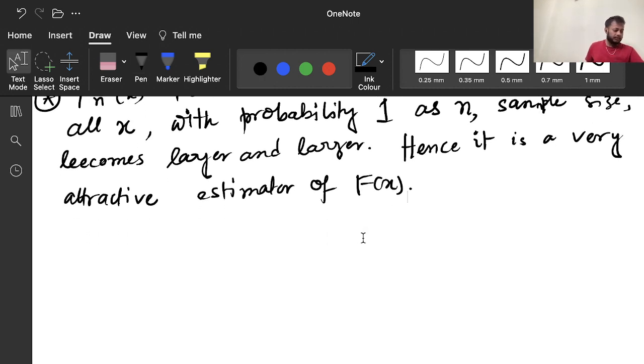Now another thing, let's see the properties. It is an estimator. Now let's see whether it is an unbiased estimator or not. So let's check that. Okay.